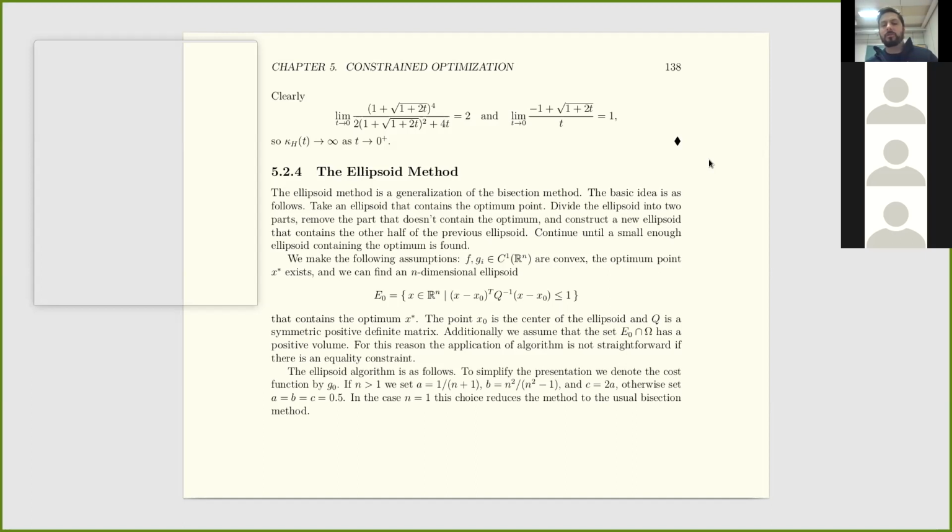But let's say that we choose 3 parameters. The point of these parameters is to manipulate the ellipsoids and divide the region into three or four parts in such a way that we can rule out one of them and generate a new ellipsoid. Right, so that's the point here.